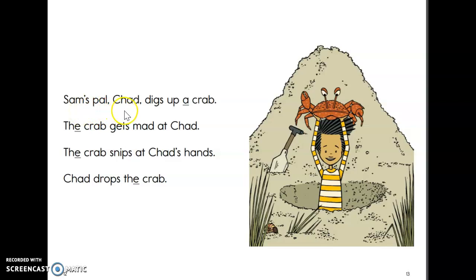Sam's pal, Chad, digs up a crab. The crab gets mad at Chad. The crab snips at Chad's hands. Chad drops the crab.